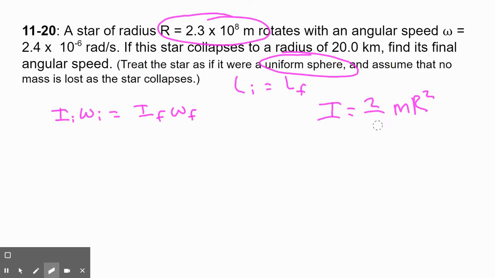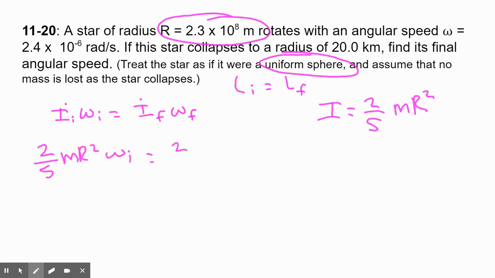Well, that was almost a very bad mistake. 2/5. Okay, my apologies. So we can use this and plug it in. Let's go ahead and replace the I in each case. So we're going to get 2/5 mr squared omega initial equals 2/5 mr squared. And I should make note of this: this is our initial, this is our final.